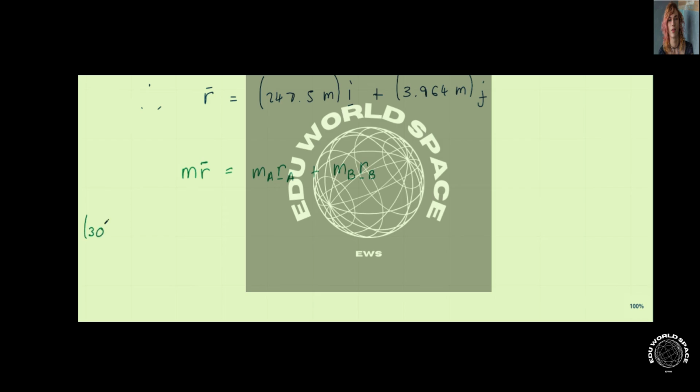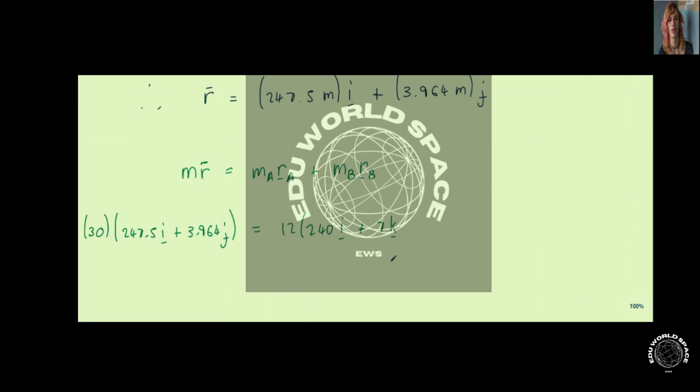So the mass of the two cannonballs is 30 kg, and the position of the center we calculated to be 247.5 i plus 3.964 j, and that's equal to the mass of A, 12 kg, times the position of A, which is 240 i plus 7 k.